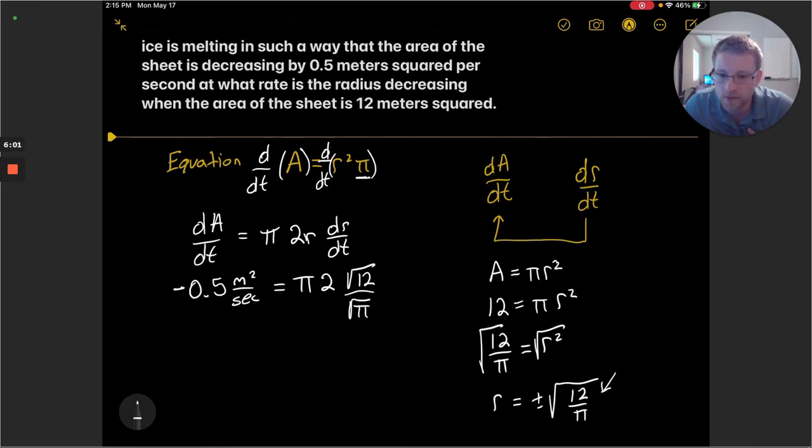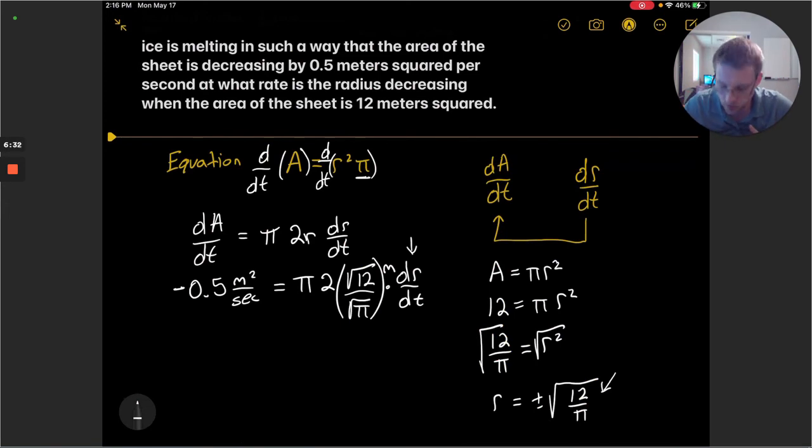And now the only piece that is remaining here is dr/dt, the rate of change of our radius, and that is what we want to solve for. Another unit note: this radius is in meters, so we're going to be dividing by meters.